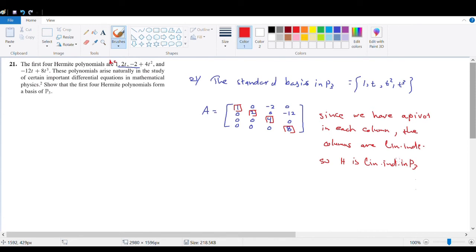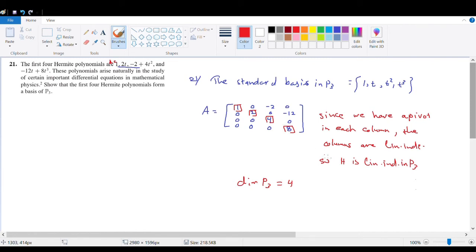So now the dimension of P3 is equal to n plus 1, so here it is equal to 4, since we have 4 linearly independent polynomials.